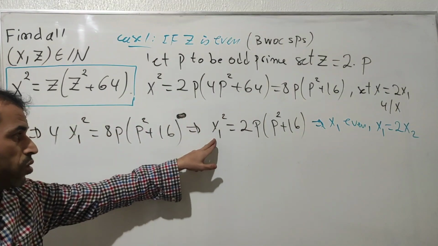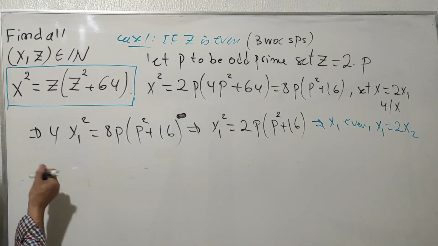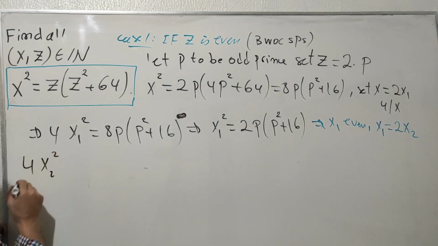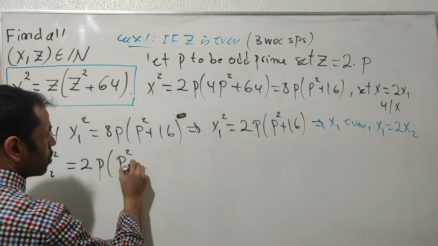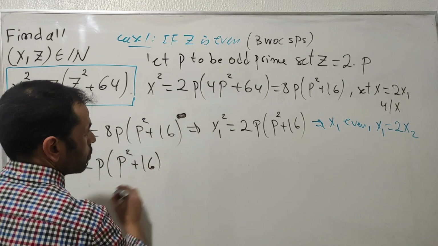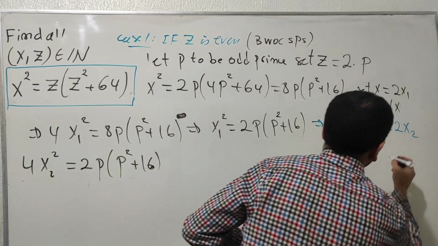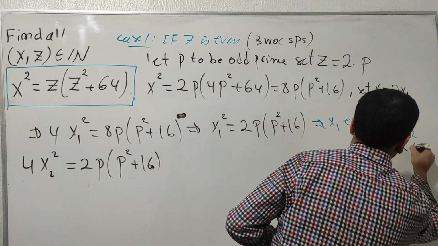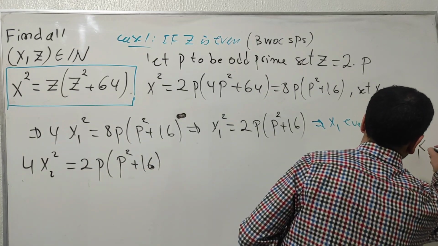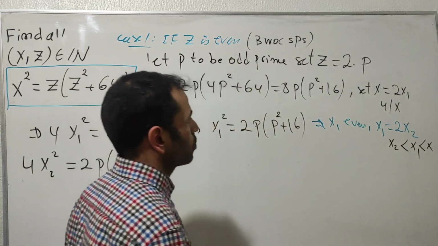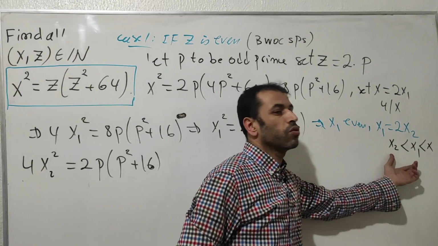Let's replace this one into here. So I get 4 x2 squared, which equals 2p factor p squared plus 16, okay? So notice here always x2 is strictly inferior to x1, okay? And also x1 is strictly inferior to x.